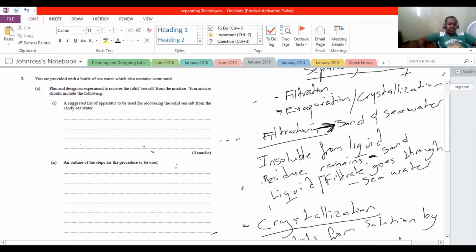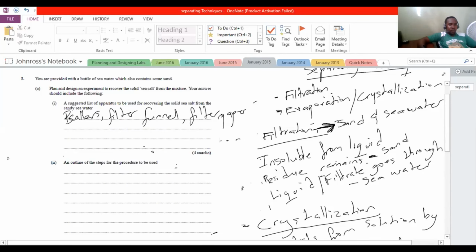Let's identify the things we're going to need. Beakers, a filter funnel, and filter paper.